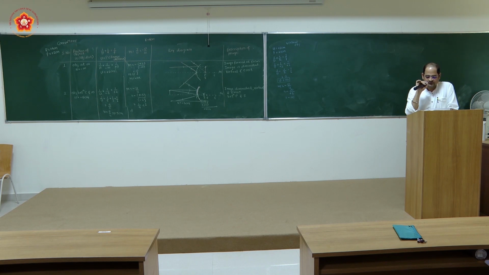As the focal length of a spherical mirror, small f equal to capital R by 2, depends only on the radius of the mirror.